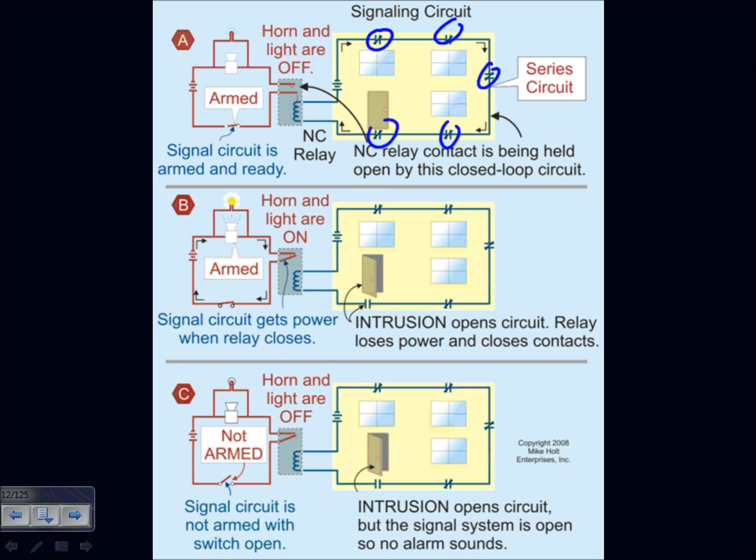All these contacts are normally closed contacts, right? Normally closed contacts in series. So I put them around the windows. If somebody's breaking any window into the house, they're all in series, right? So it will de-energize this coil, and by de-energizing this coil, this will pull in, and the alarm will go off.